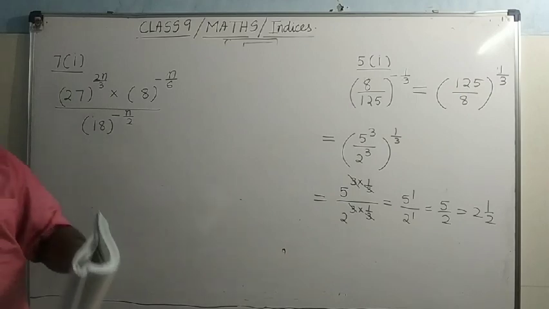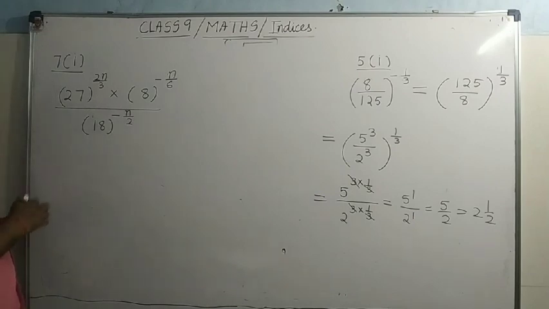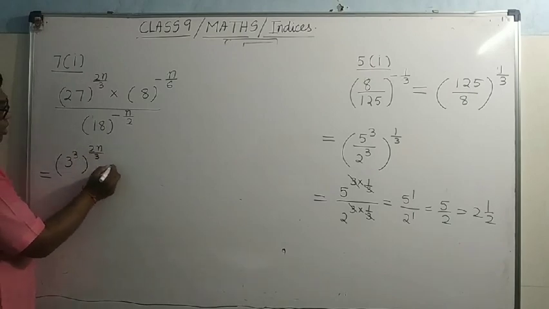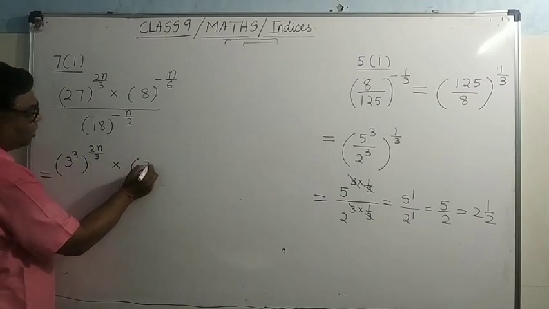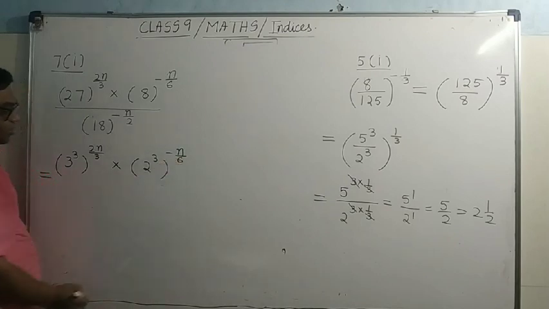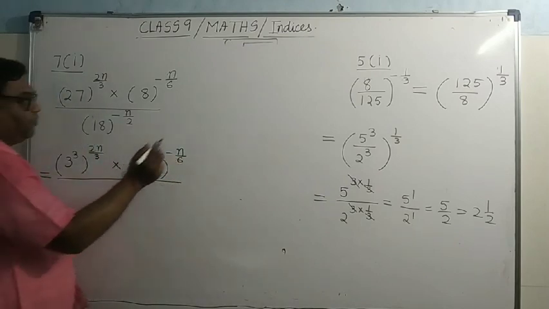So you can see here, 27 we know can be written as 3 to the power 3, whole to the power 2n, upon 3 into 8, which can be written as 2 to the power 3, whole to the power minus n upon 6. Then this can be written as 18, if you see.